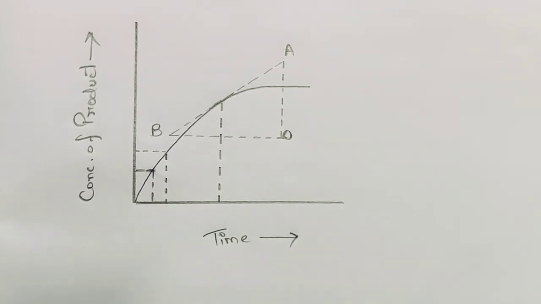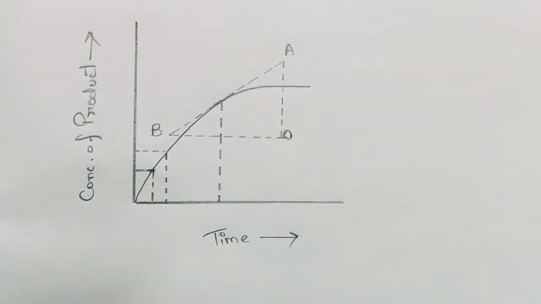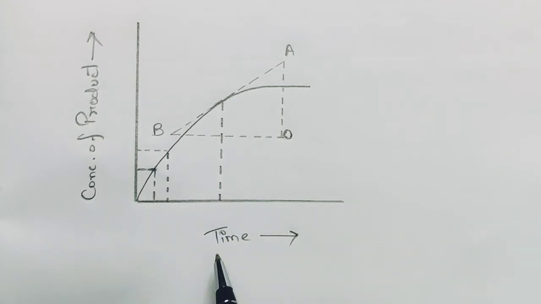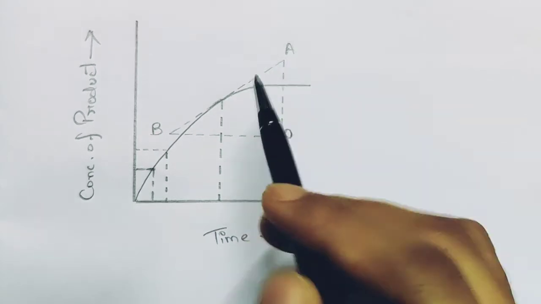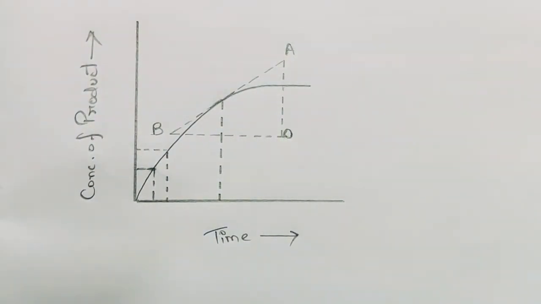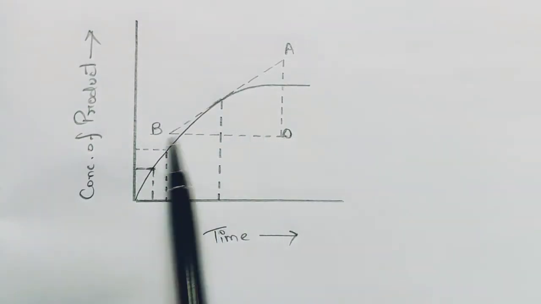And after some time its concentration gradually increases. Okay, so if we want to get the instantaneous rate, suppose we want to get the rate at this time. Okay, so here we will again draw one tangent, and with respect to this tangent we will extrapolate this one and get the slope. So for the rate of reaction, here the slope will be again change in concentration, that means this one OA by OB by change in time.